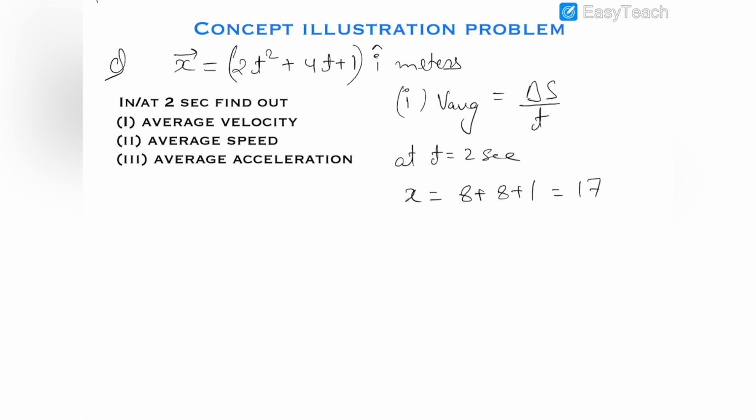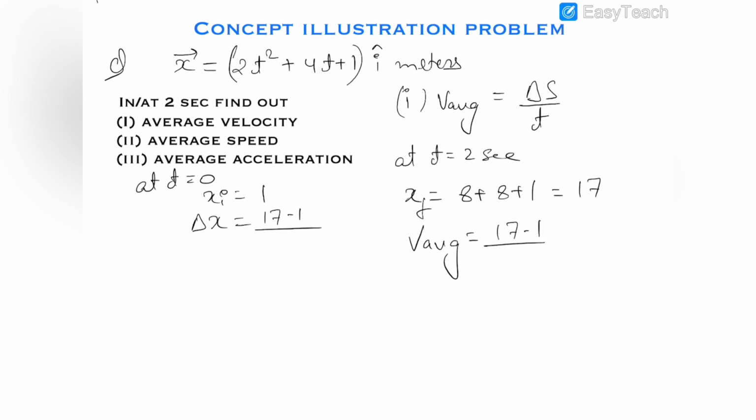Many students give the answer that V average is equal to 17 upon 2, which is wrong, because 17 is the final displacement. It is not the traveled displacement, because initially at t equal to 0, the initial position was 1. So the traveled displacement delta x is 17 minus 1, and V average would be 17 minus 1 upon time, which is 2. So this is 8 meters per second.